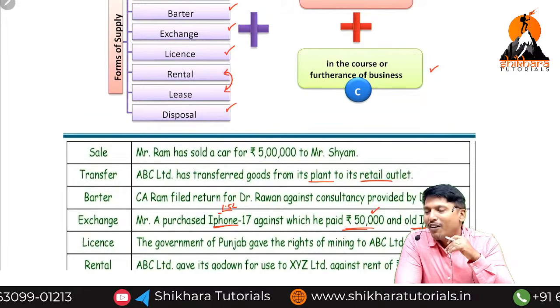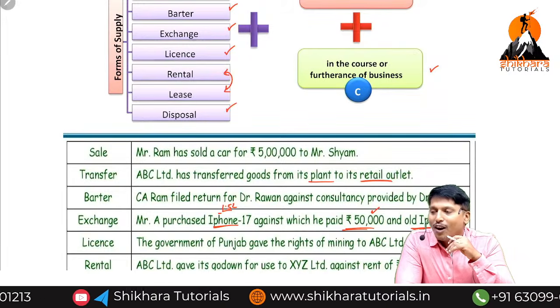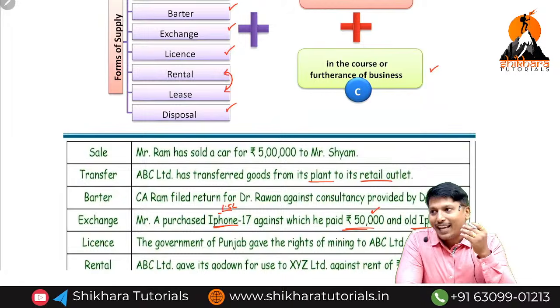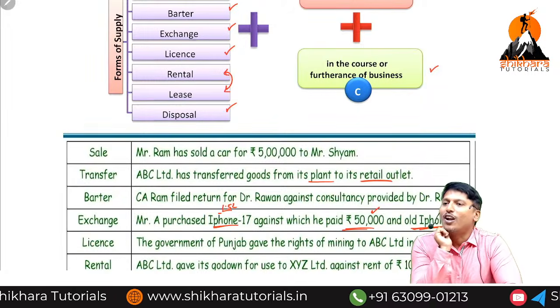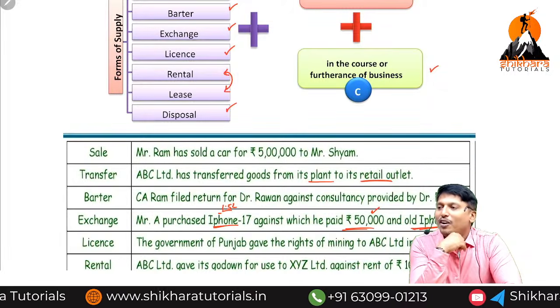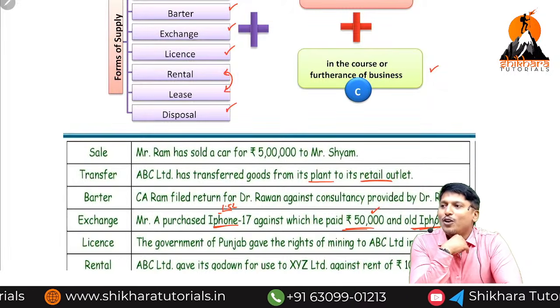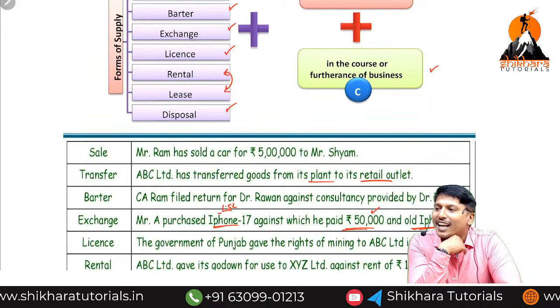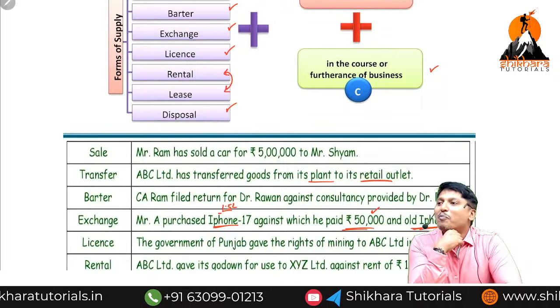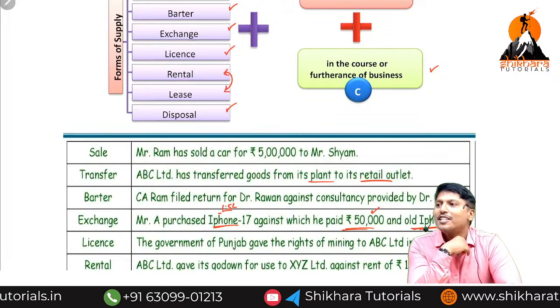With the desktop it is not possible to carry. So that is the reason they replaced the desktops with new model laptops. Now those desktops, they sold for second-hand sale. In the course of business, it is a supply.